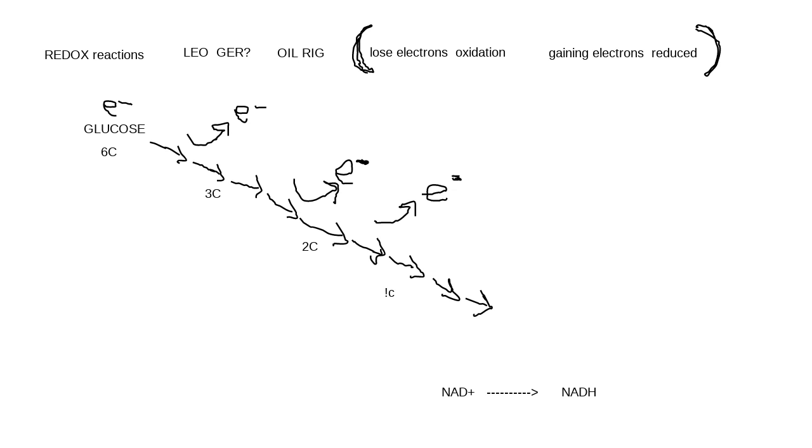I'll just make it simple. FAD becomes FADH2. It's been reduced. So both of the reactions down here are reduction reactions where those electron carriers are picking up electrons that are coming out of these bonds that are broken in the glucose, until you get smaller and smaller and you don't have anything left to break down.